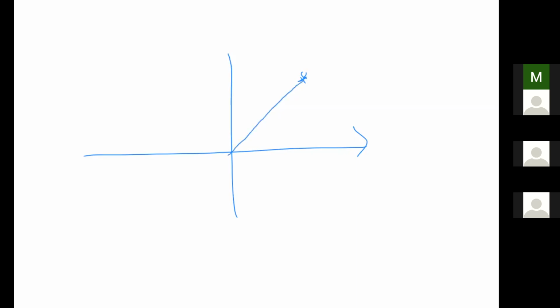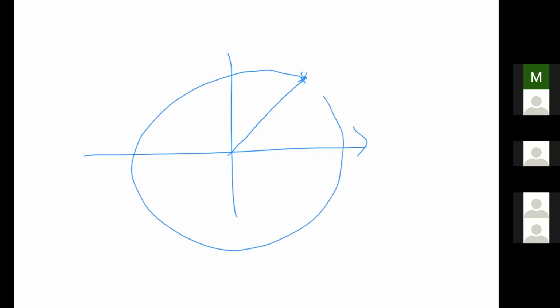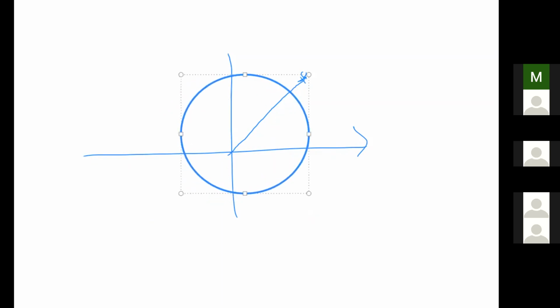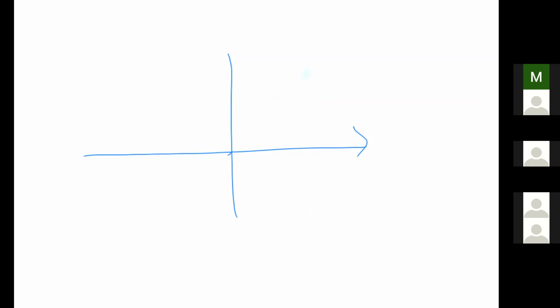And so my solutions are like that. It's a circle, right? So let's do it better since I have this opportunity there. Let's draw that. So it's a circle, right? The solution lies on the circle.